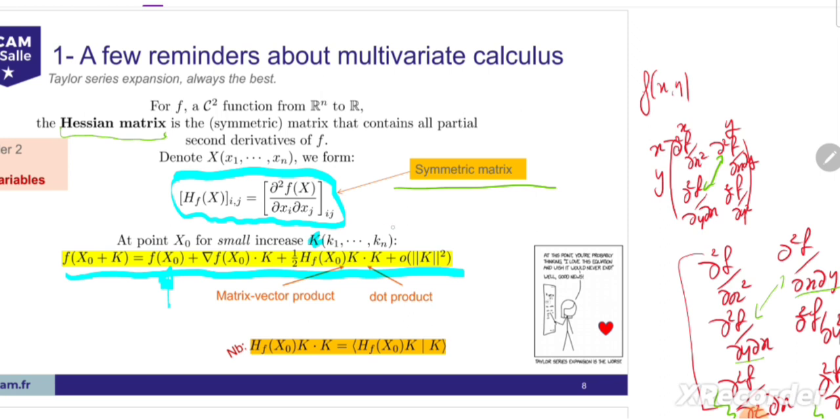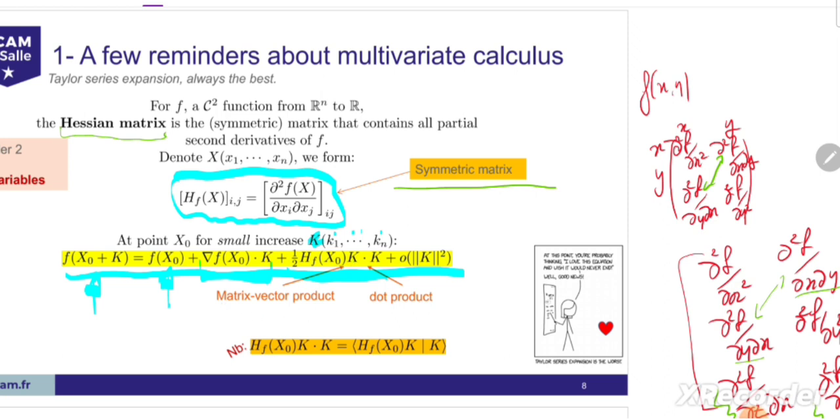It has also n components, k1 up to kn. So the value of your function at x0 plus k, so we're doing a small displacement in the direction of k, is f of x0 plus, we see the first order term, gradient of f at x0 times k, plus this second order term, 1/2 H of f at x0 times k.